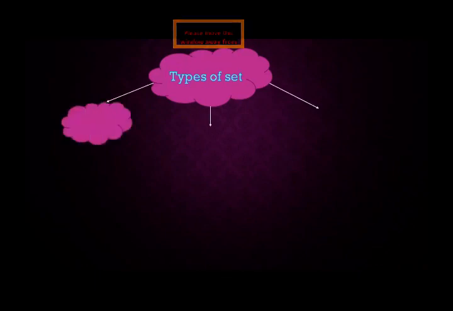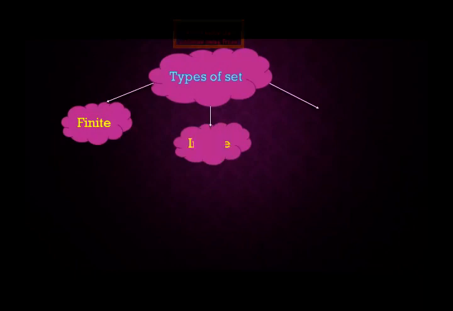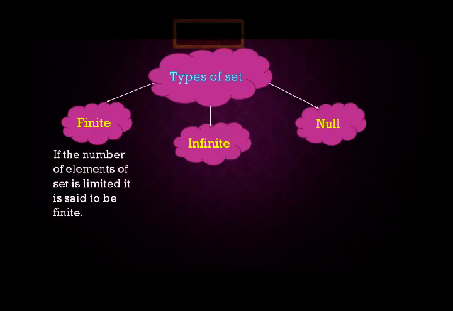Now the next is types of sets. We have three types of sets. First one is finite, second one is infinite, and the third one is null set. What is a finite set? If the number of elements of a set is limited, it is said to be finite.